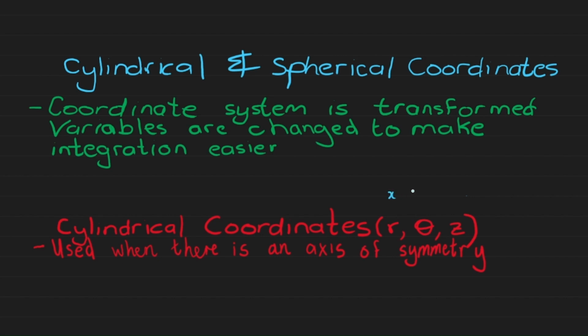So from x and y, we transform to r and theta. This change of variables is actually the same as the change of variables to polar coordinates, except that now we're in 3 dimensions, and we're also including the variable z in the polar coordinate system.